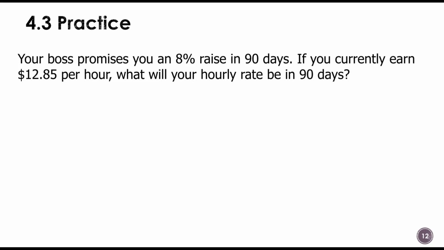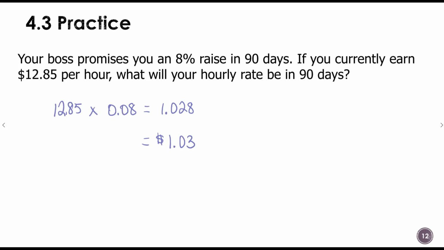So basically, we're saying we're going to get an 8% raise, and you earn $12.85, and so we simply take $12.85 times 0.08, right? 8% in decimal form is 0.08, and that leaves us with 1.028. Now this is dollars and cents, so we want to round that to 1.03.